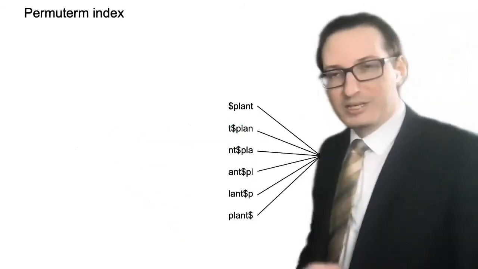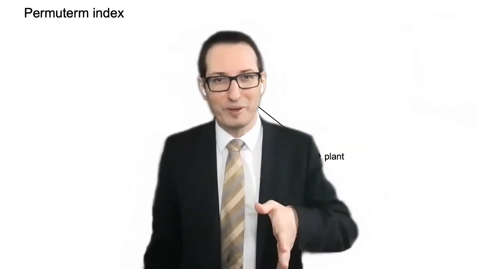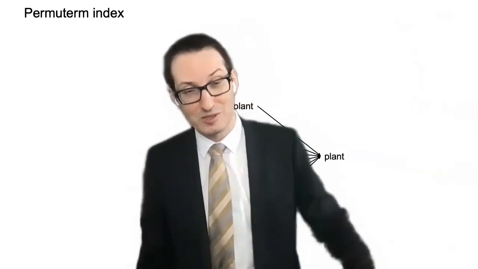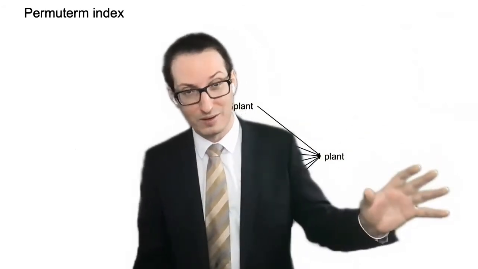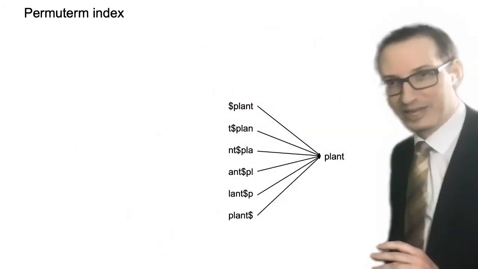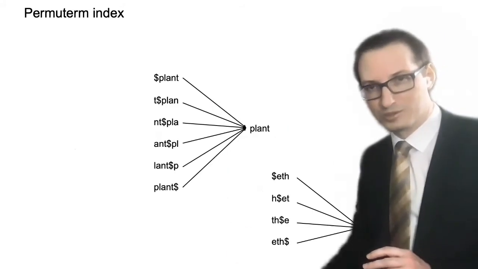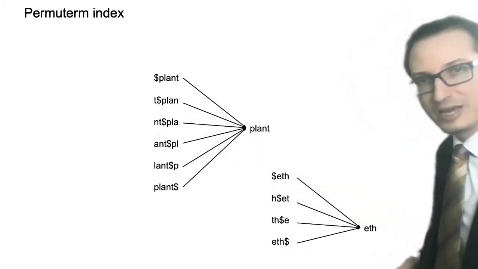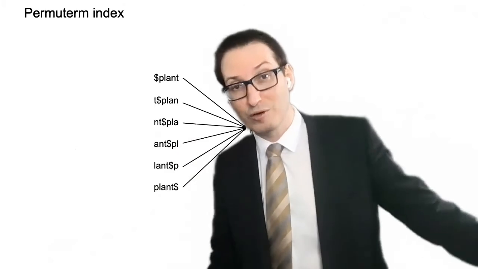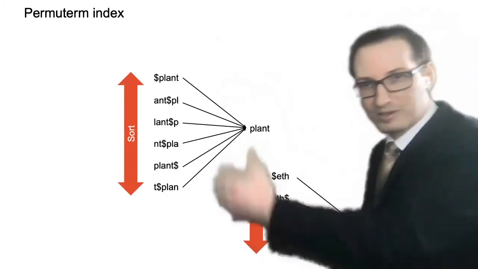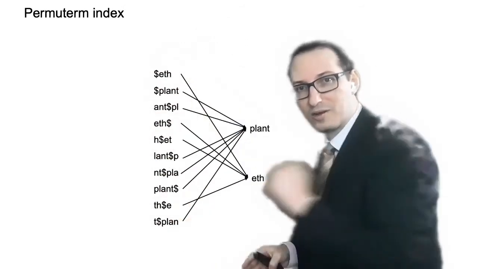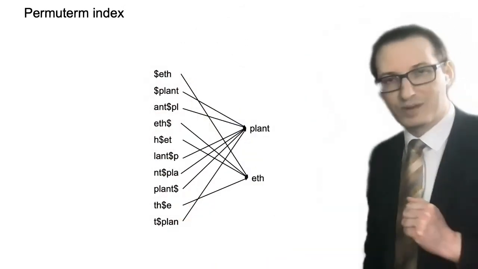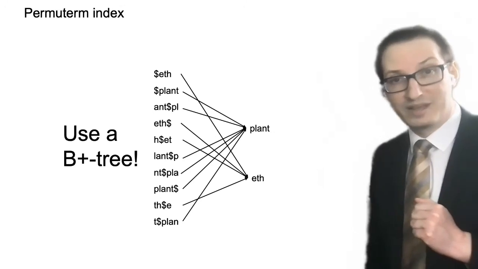What's going to happen is, again, we are not waiting for people to query to do that. We do it in advance. We take every single term in the vocabulary that we use in the standard inverted index, and we compute all the permutations for Plant, for ETH, for absolutely every one of our terms. And then we sort everything and we merge everything into a single list, in a single very big index.